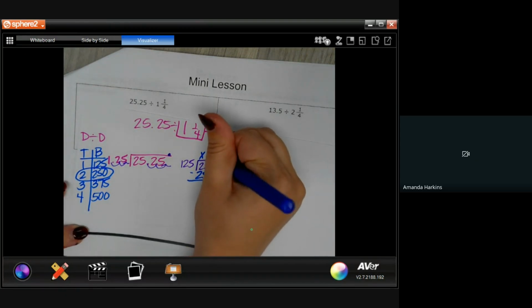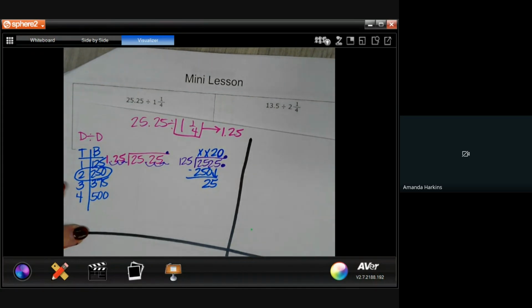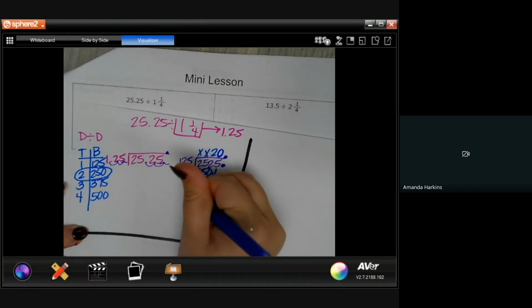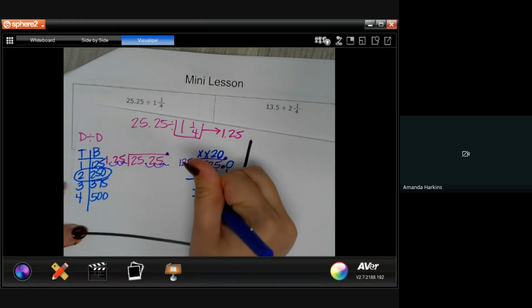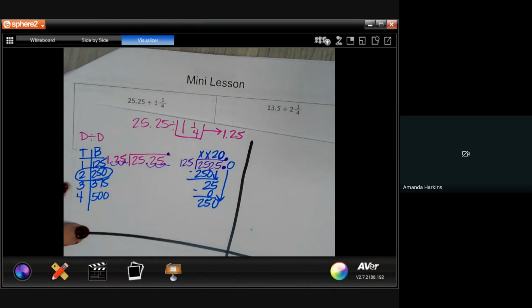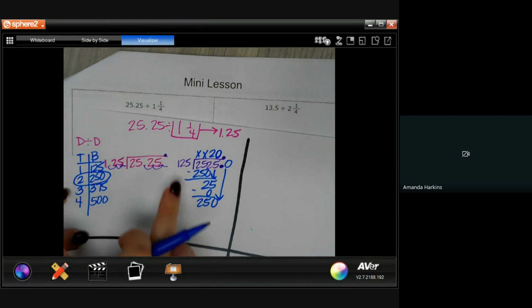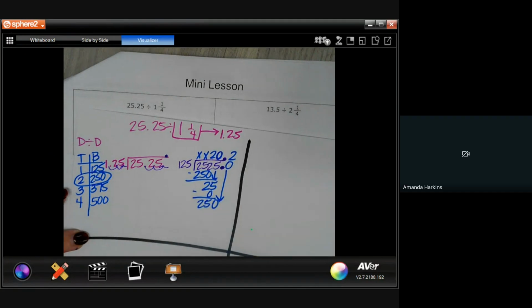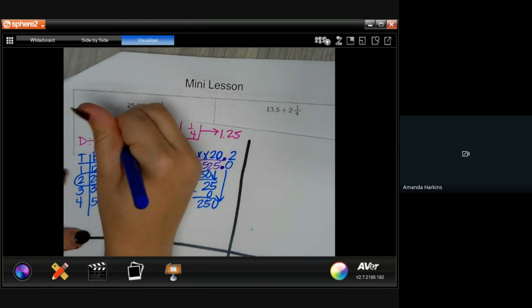So I need to make sure that I have the 0 here, because 0 times 125 gets me 0. So now I need to go ahead and bring down another 0 because I still have 25 left over. 125 can go into 250, we said twice. So my answer here is 20.2.